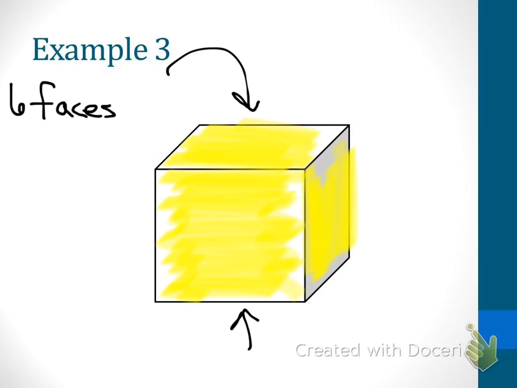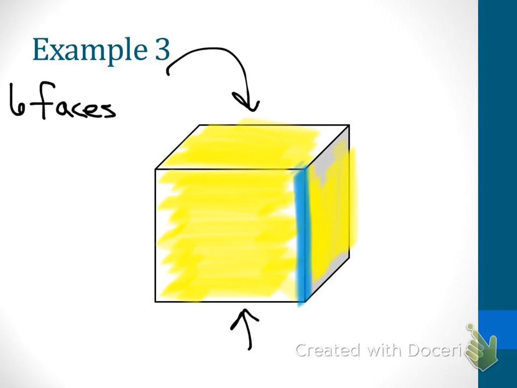All right, now let's talk about the edges. Okay, the edges. Now, an edge is where the two faces meet. You see what I'm highlighting in blue? Okay, so you see that edge is where the front face and the right face meet. That's one edge.